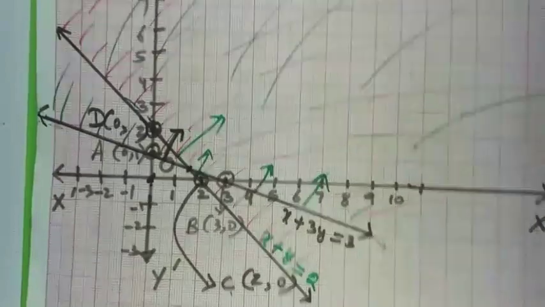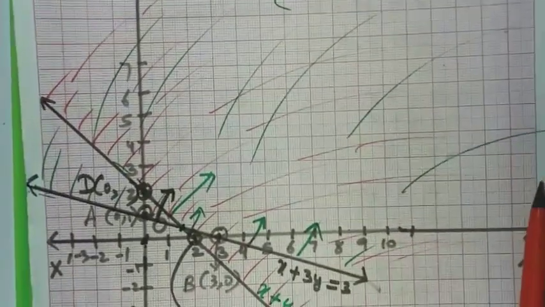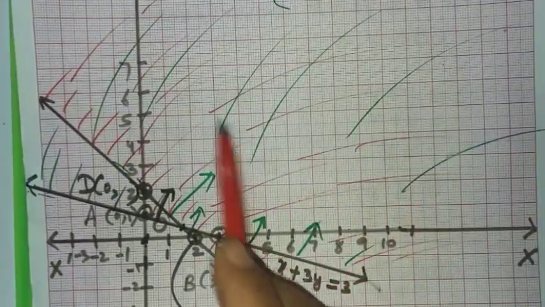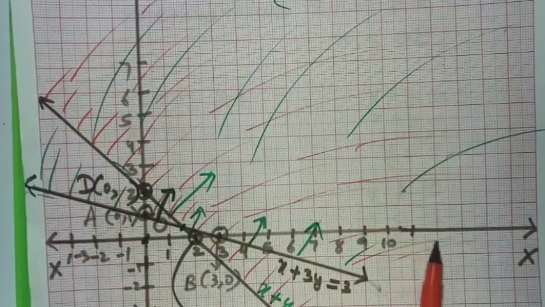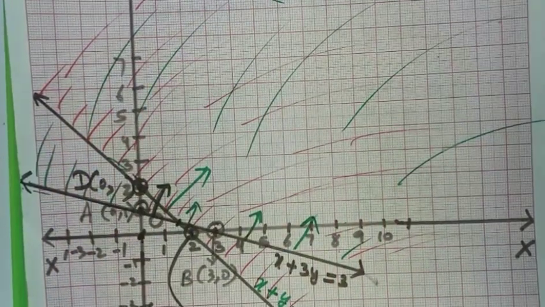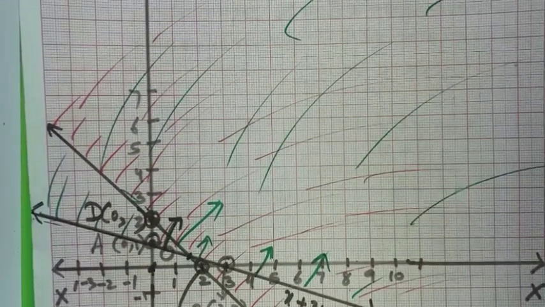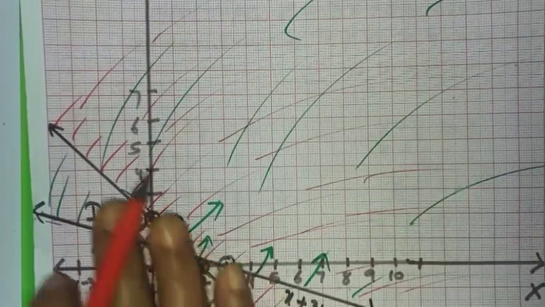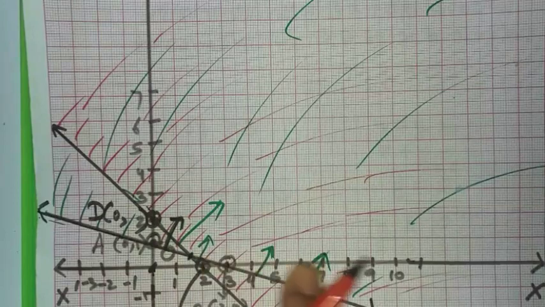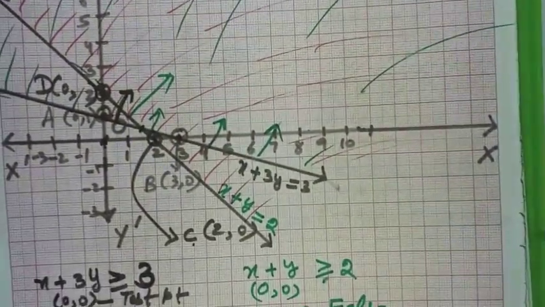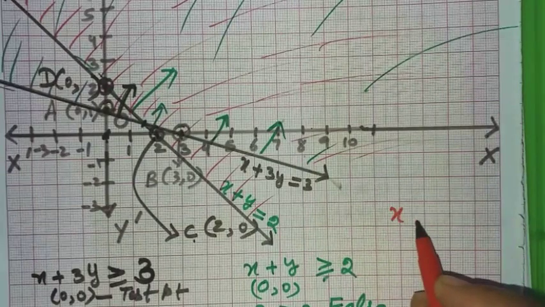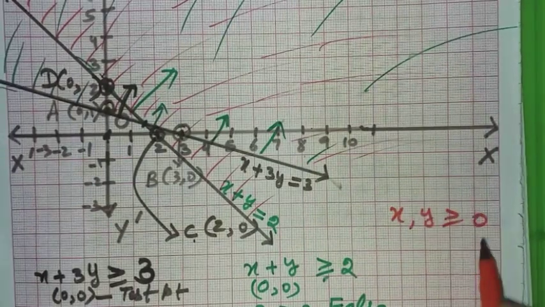Now with this discussion, what do you get to know? The shaded region is the whole region lying above these two lines. But there were two more constraints. What were those two constraints? Those two constraints were x, y greater than or equal to 0.